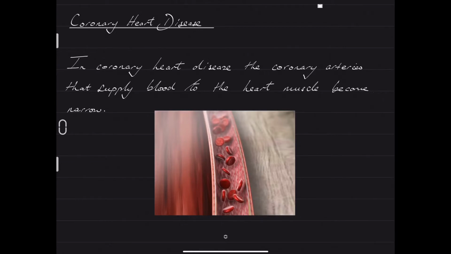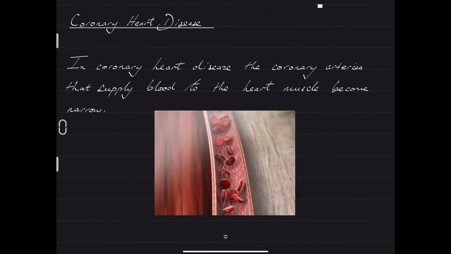So in coronary heart disease, the coronary arteries that supply blood to the heart muscles become narrow. Now the process of this narrowing is what we're going to look at right now. I've put an image here in front of you. This is not a coronary artery, however, it's an artery from another part of the body.